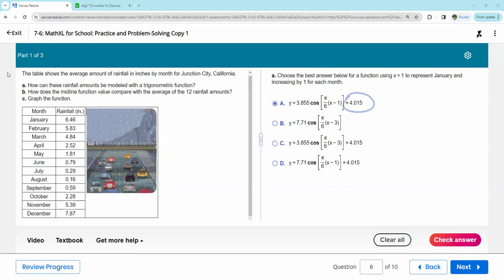We averaged and got our midline to be that, and I believe that was our coefficient for our amplitude. These 2, they forgot to divide by 2, it looks like. And then we moved it to the, so let's see. I have a feeling it's going to tell me we got to log back in.